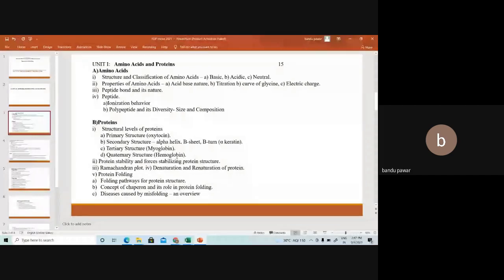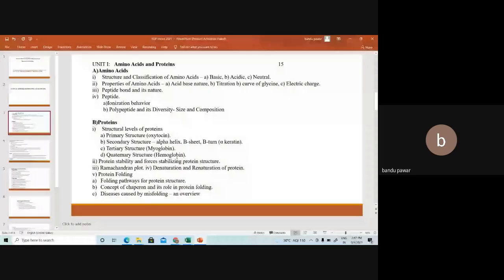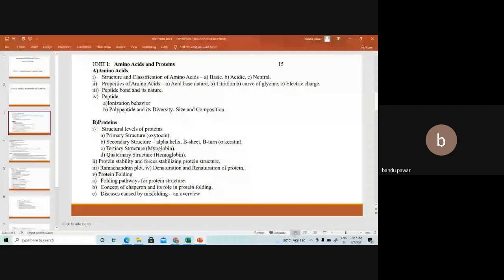There are several types of protein structure, like primary, secondary, and tertiary. In primary structure of protein, oxytocin is the example. In secondary structure of protein, we need to see the alpha helix, beta sheet, like beta pleated sheet, beta parallel sheet.